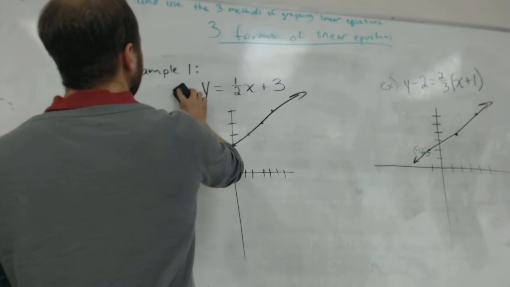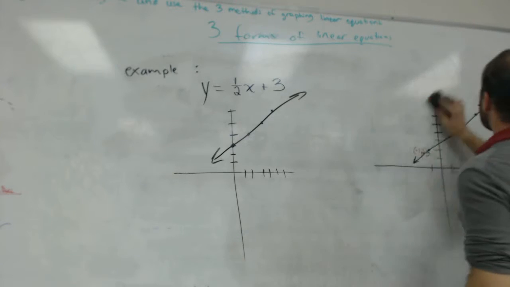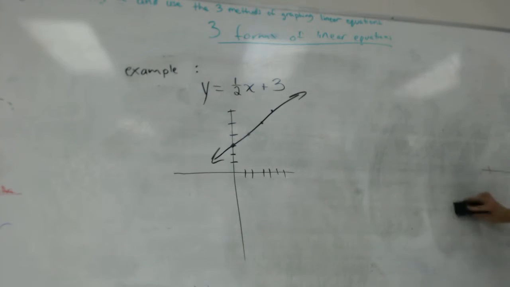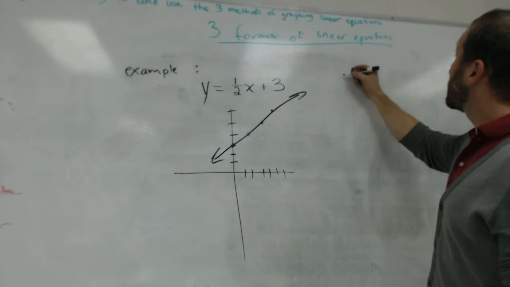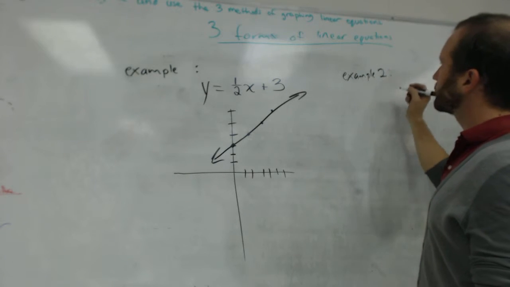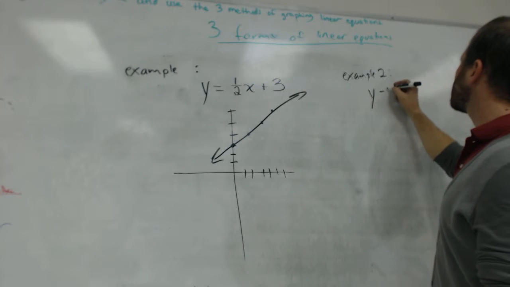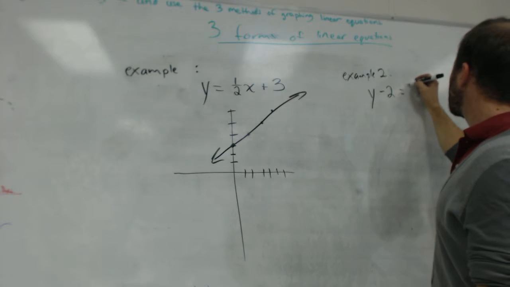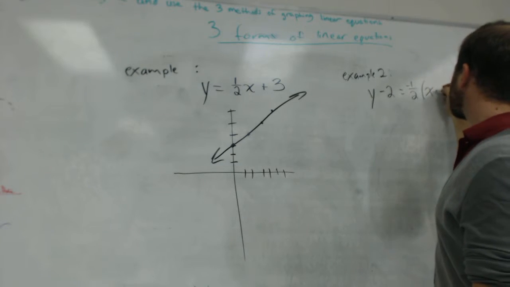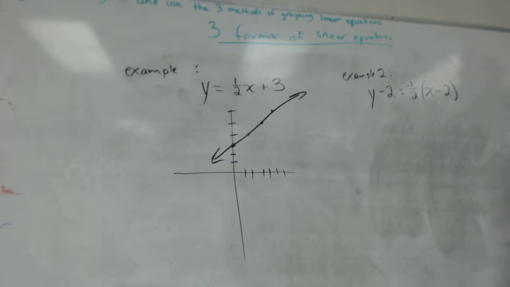All right. Actually, let's go over here. If you're still writing that one, I won't erase it quick. Example 2. What if you have something that looks like this? Y minus 2 equals negative 1/2 x minus 2.